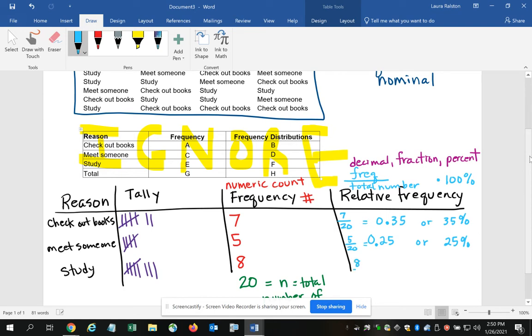And then finally, you would have 8 out of 20, or 0.40, or 40%. Because even with relative frequency you're including all of your data values, it has to total to 1 or 100%. So 35% plus 25% is 60%, plus 0.40 would be 1 or 100%.